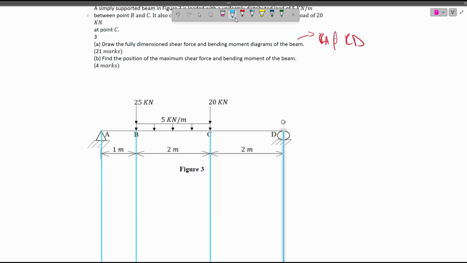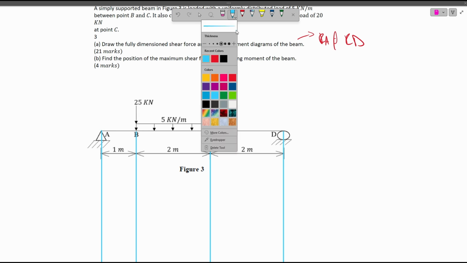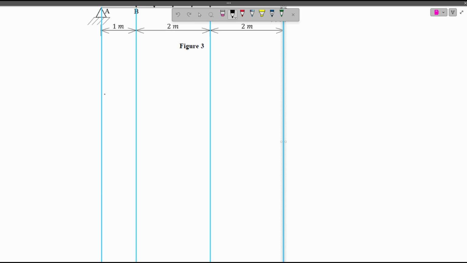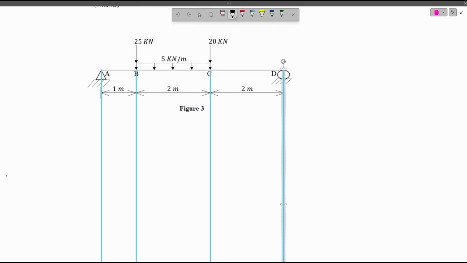Okay, so now the first thing you're going to do is draw your free body diagram. So we have our beam, and we have a reaction here at A, and another reaction at D. So this is our RA.